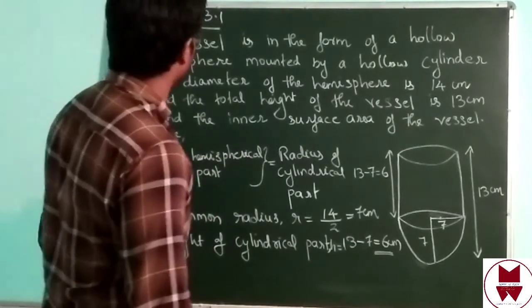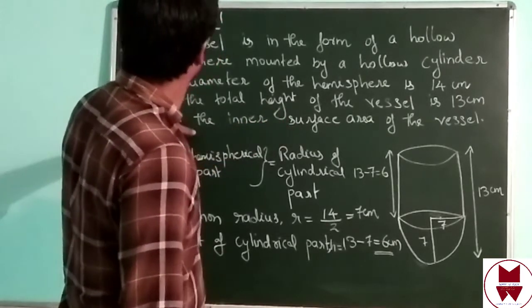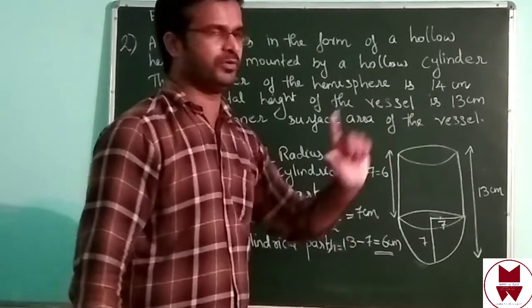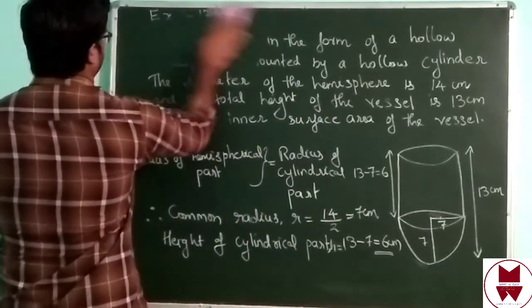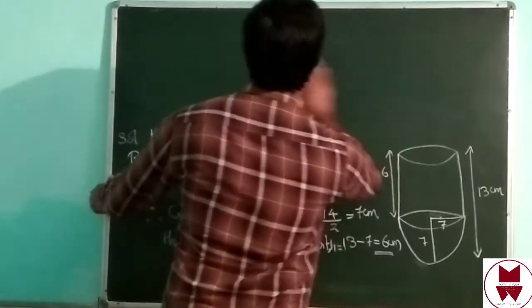Then our question, we have to find out the inner surface area of the vessel, total height 13 centimeter.